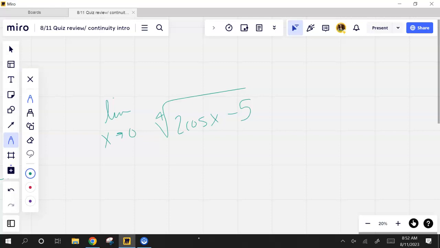If I plugged in like -1, what's the cosine of -1? It's still going to fluctuate between what and what? -1 and 1, times 2, subtract 5. So at 0 it's not going to be defined there.